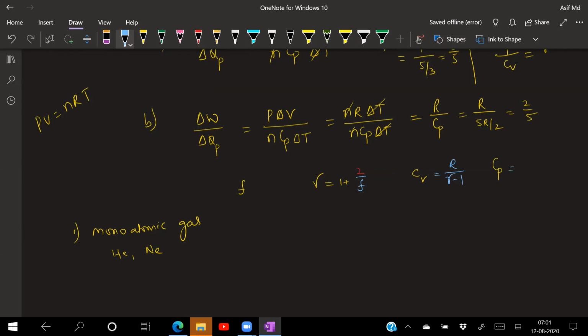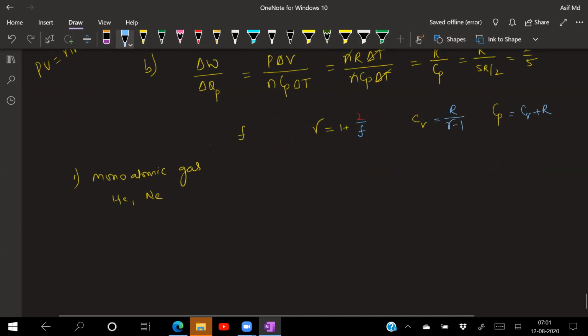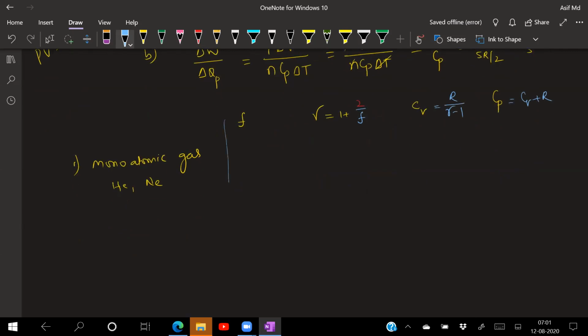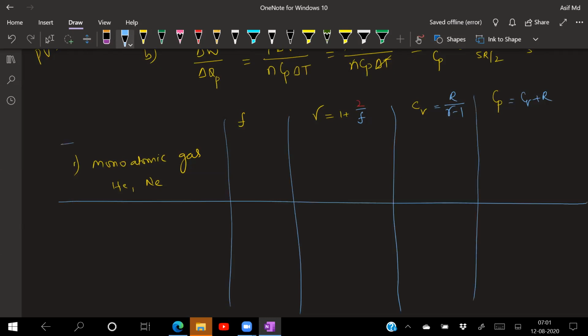Cp value is Cv plus R. F is 3 for monoatomic gases. Gamma value is 1 plus 2 by 3, that is 5 by 3, which equals 1.67.